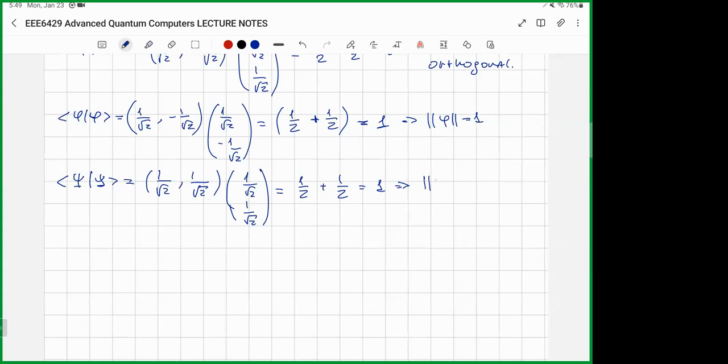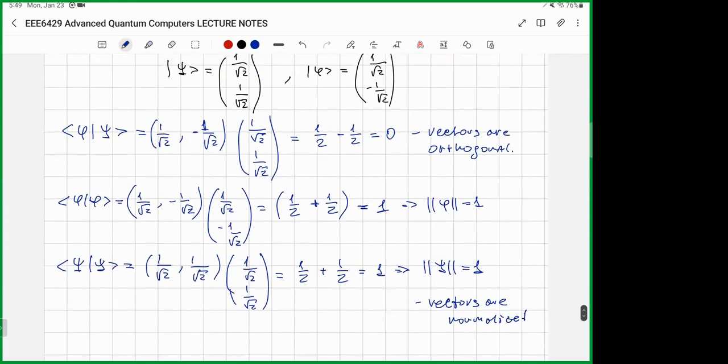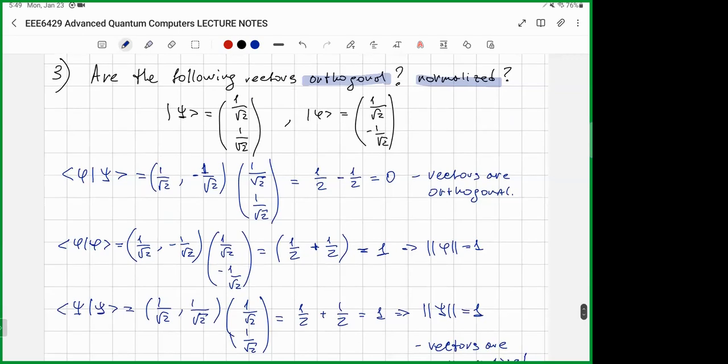So the norm of psi is equal to 1. The vectors are normalized. Their length is 1. That's it. So this is the solution to the third problem.